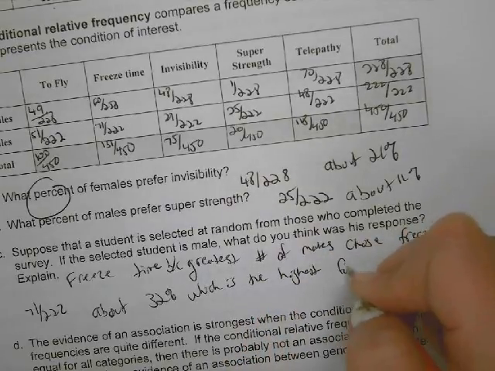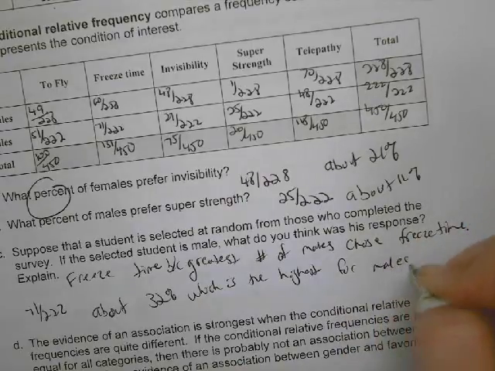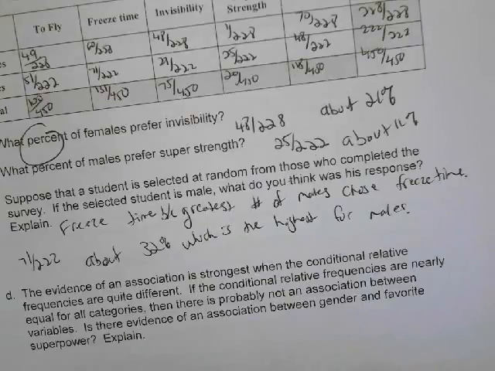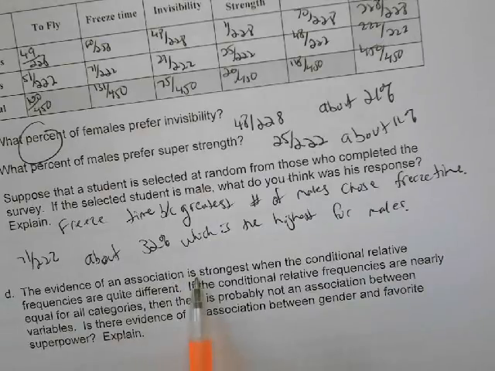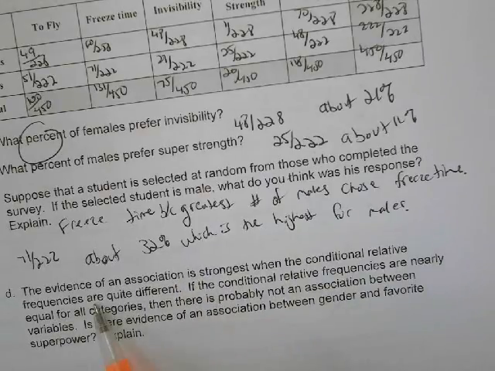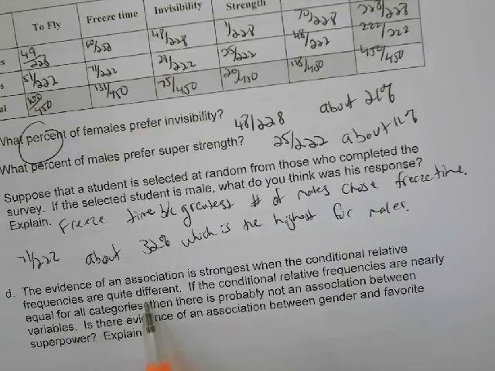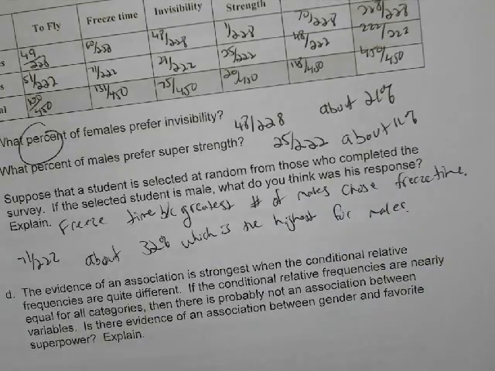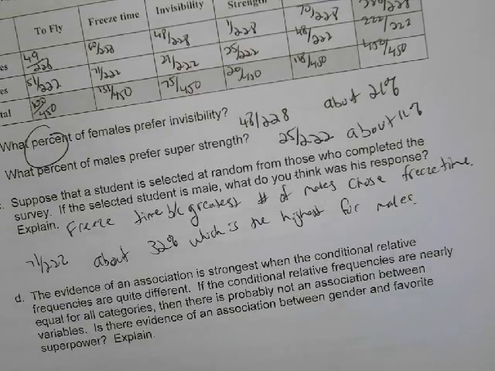Okay, so it says the evidence of an association is strongest when the conditional relative frequencies are quite different. So one will be much smaller or much bigger than the other one. It's easier to pick out evidence. When they're all about the same, it's hard to have a clear-cut winner on who they are most likely to choose.